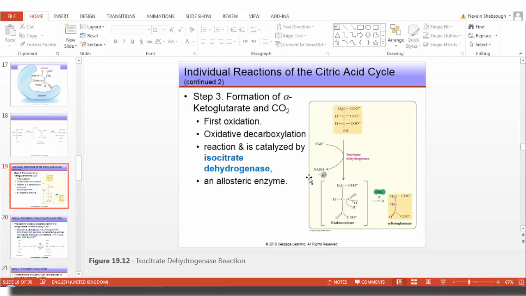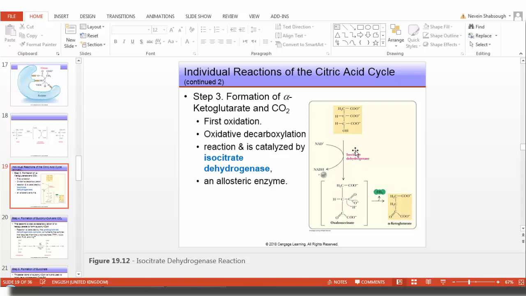Now step 3, formation of alpha-ketoglutarate and CO2. This is known as the first oxidation in the cycle, and because it's accompanied by CO2 removal, it's called oxidative decarboxylation. The reaction is catalyzed by an enzyme called isocitrate dehydrogenase. Notice that the reaction occurs in 2 steps. This is step 1 and this is step 2.